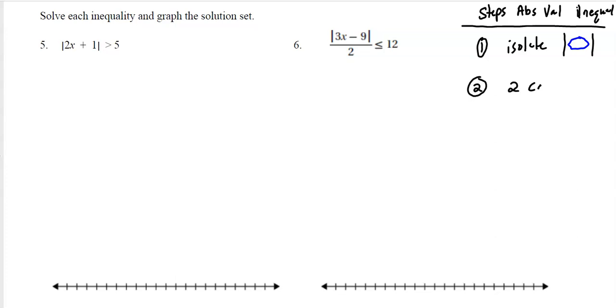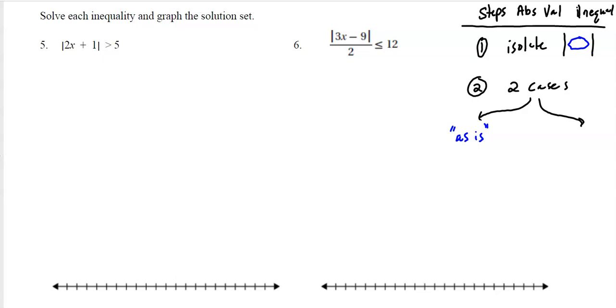So your two cases, and this is just something you kind of have to memorize, is you got to do two things. Might be easier: one of your cases is just solve as is. Don't do anything. Just solve it as it is.